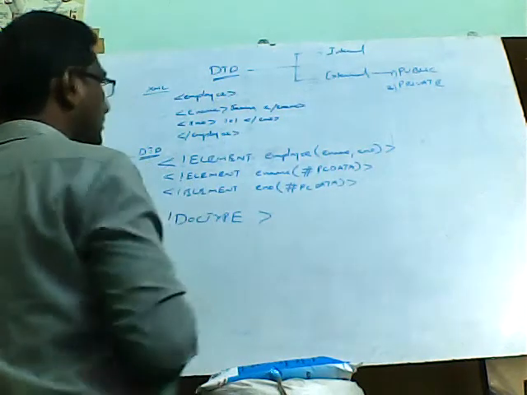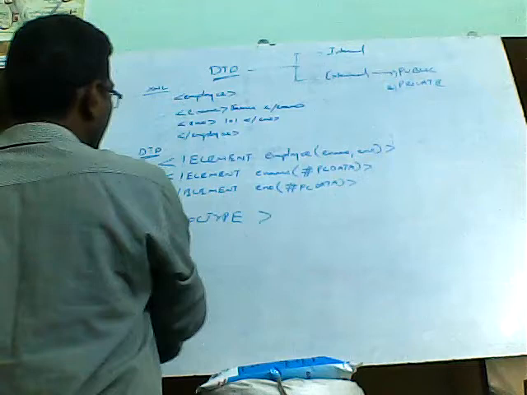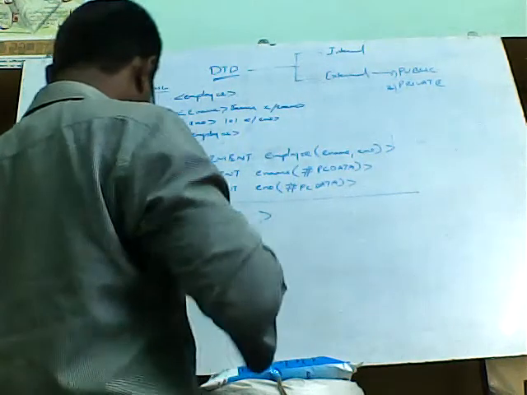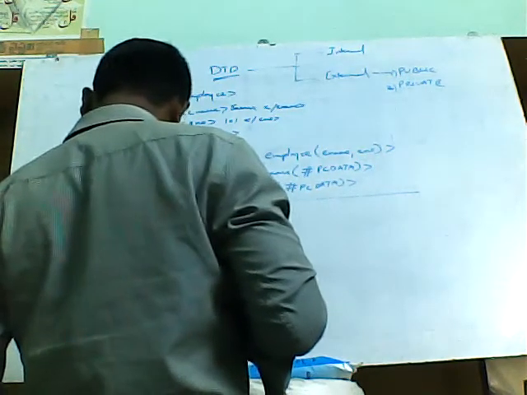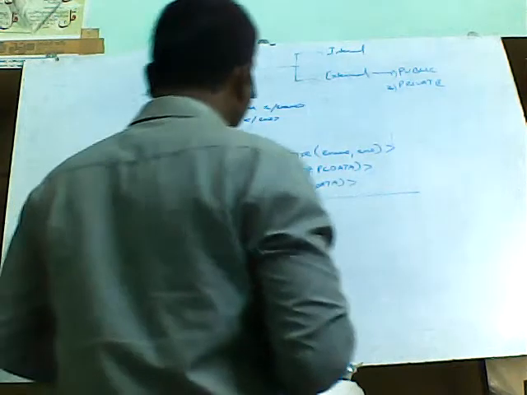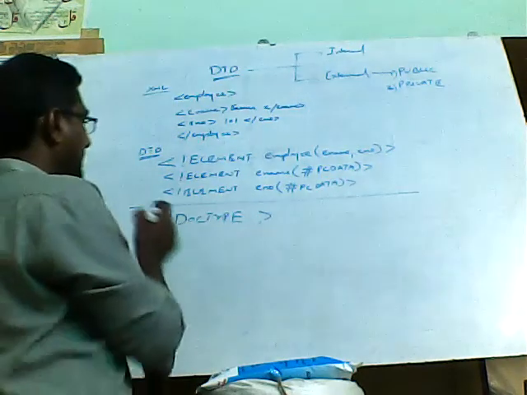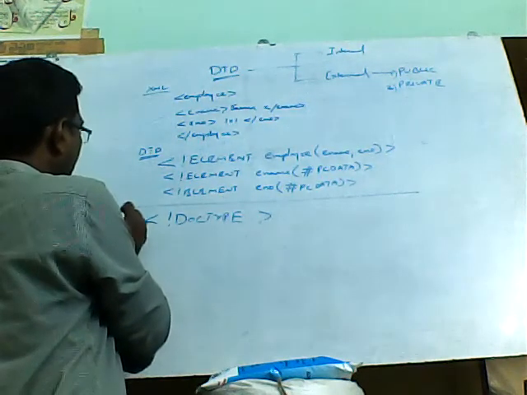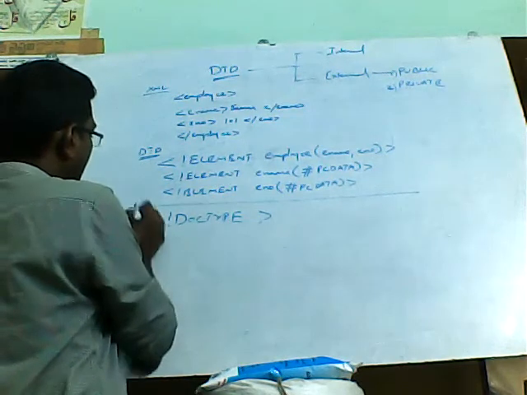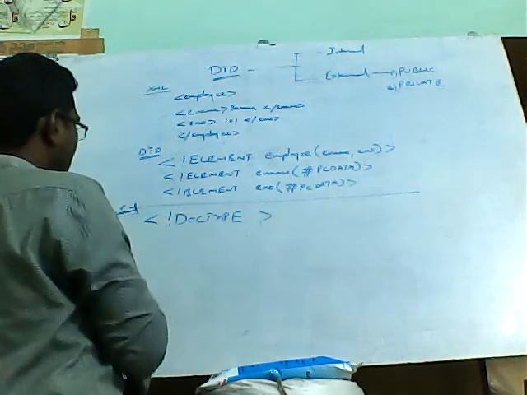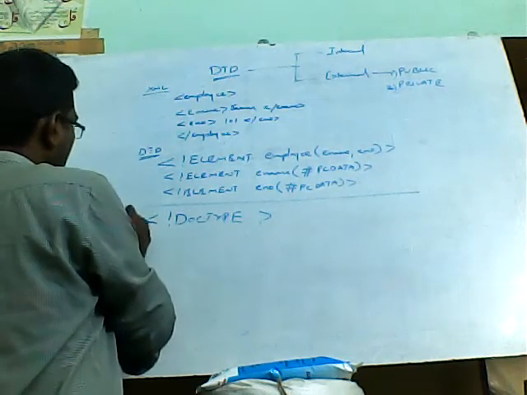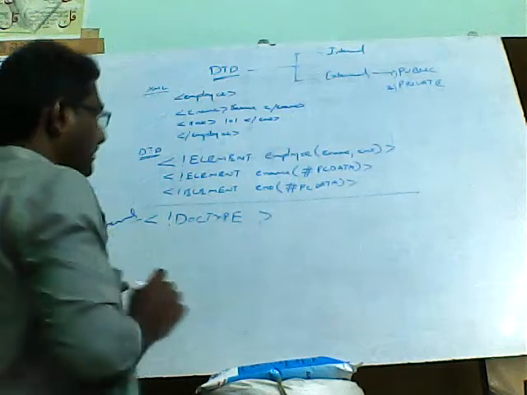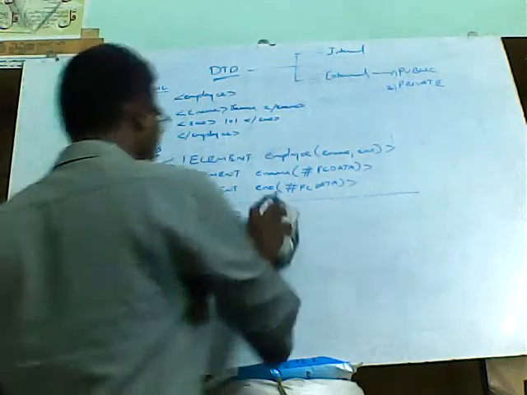See what we have to write here. So this is about DTD. What syntax we need to follow for the internal DTD? DOCTYPE we already know.